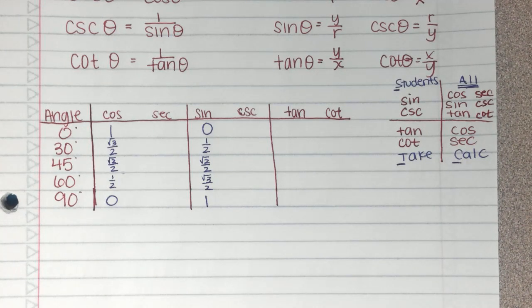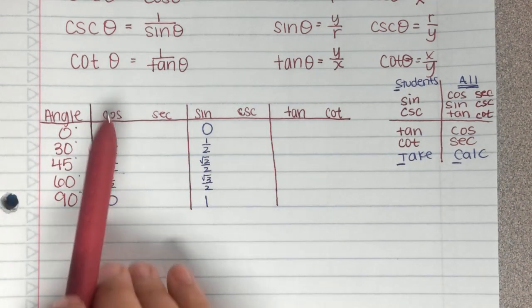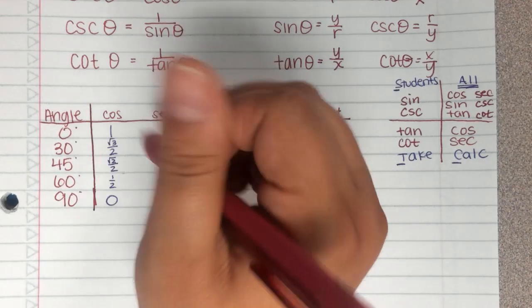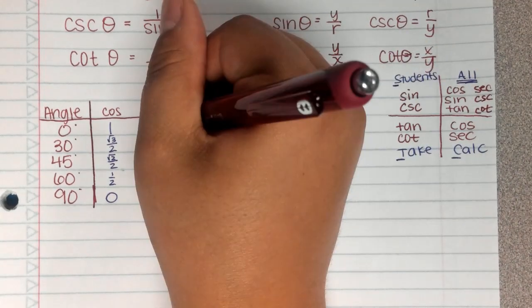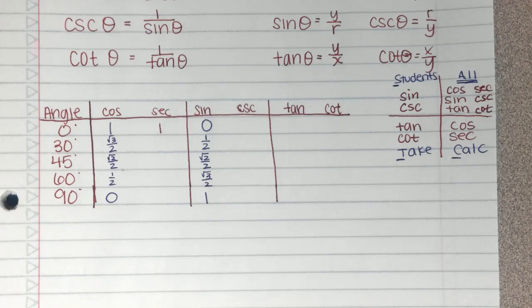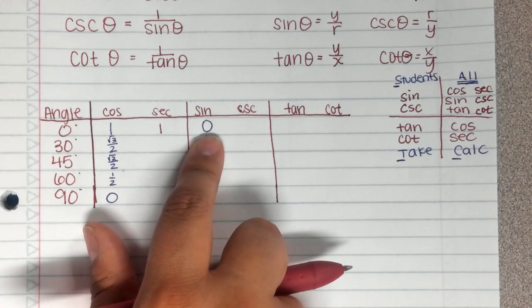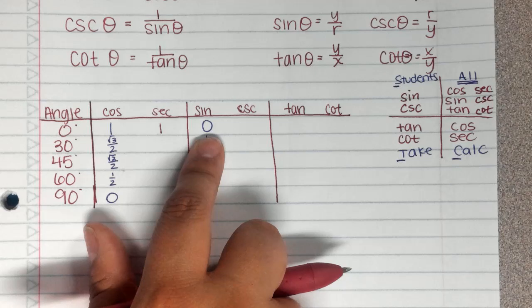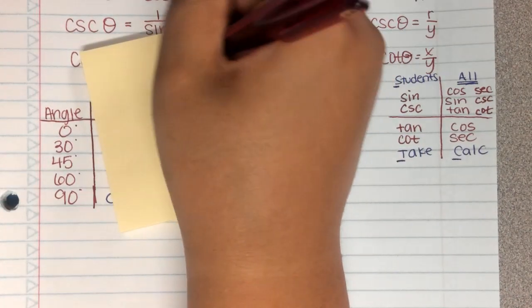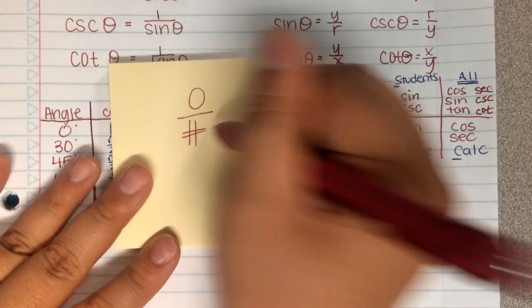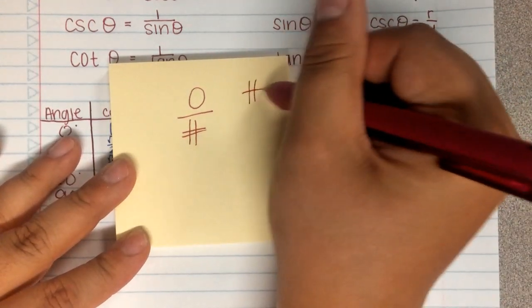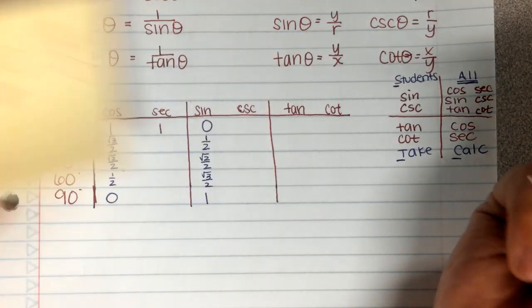And what are we going to do to get the reciprocals? Flip them. What is 1 flipped? Just 1. What is 0 flipped? What's the reciprocal of 0? Do y'all agree 0's over any number doesn't matter what it is, it's still 0. Flip it. Any number over 0 is undefined.